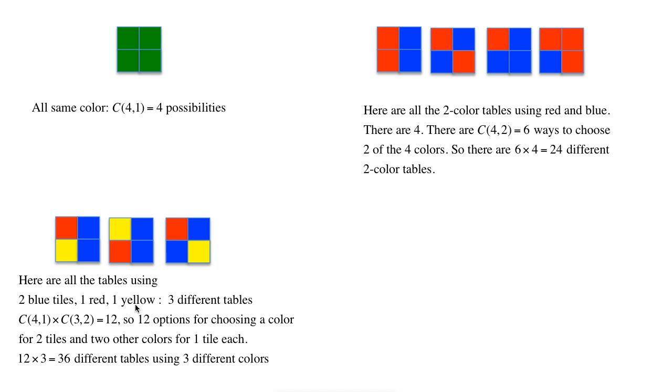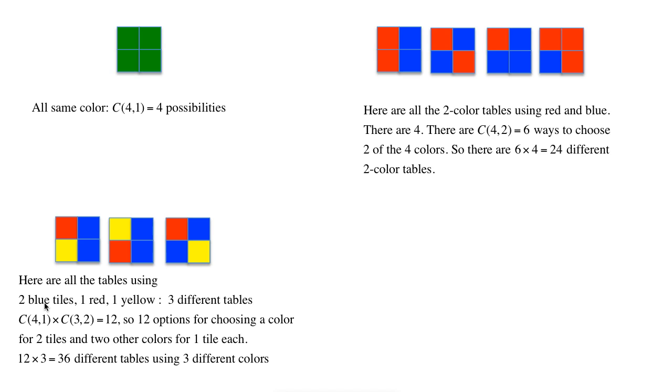Now, the same would be true if we took any other combination of colors and took 2 tiles of 1 color and 1 tile of each of the other 2. So let's now think about how many ways to pick which colors we're going to use in this example. Here I've got 2 blue tiles. If I'm picking a color to use 2 tiles from, I've got 4 colors to choose from.